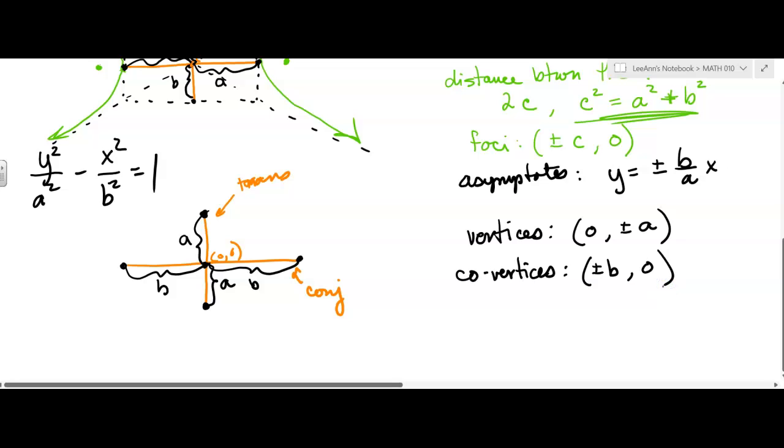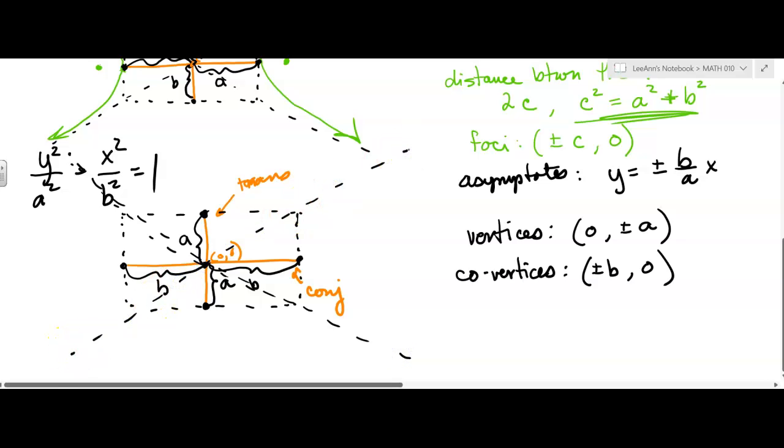Okay. So you draw the central rectangle going through the vertices and the co-vertices. And you draw the asymptotes, which my equation's in the way. I'm drawing the asymptotes. This is a little easier to do on graph paper.